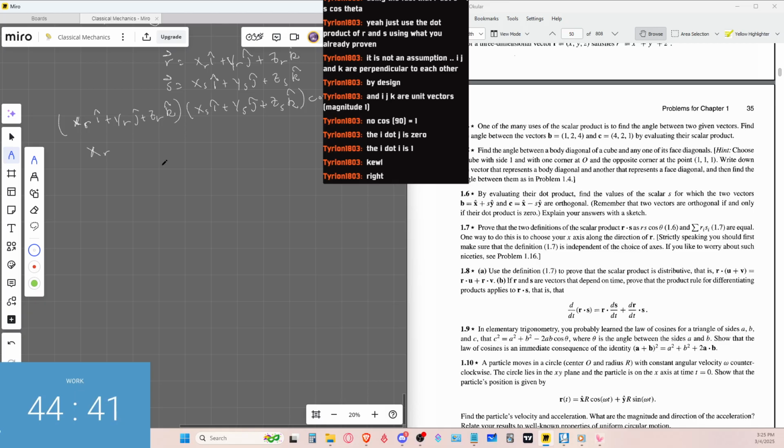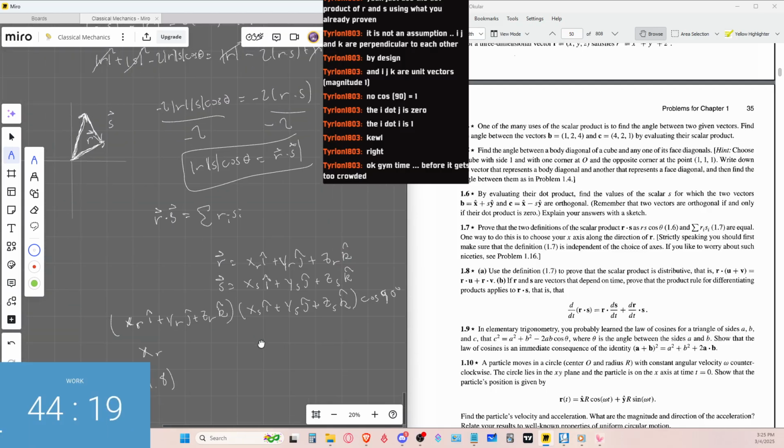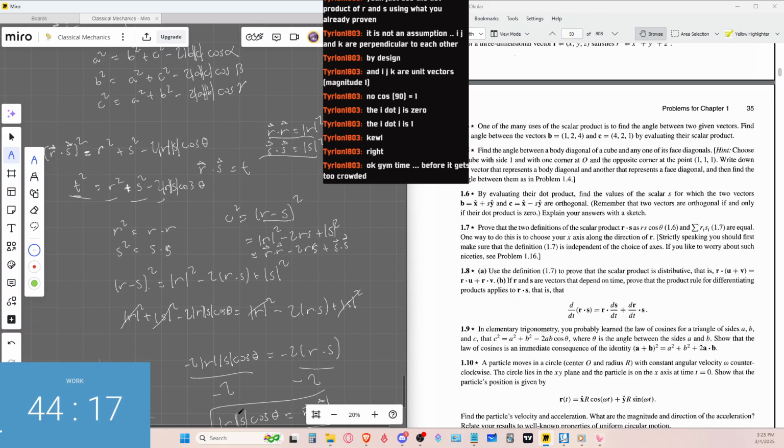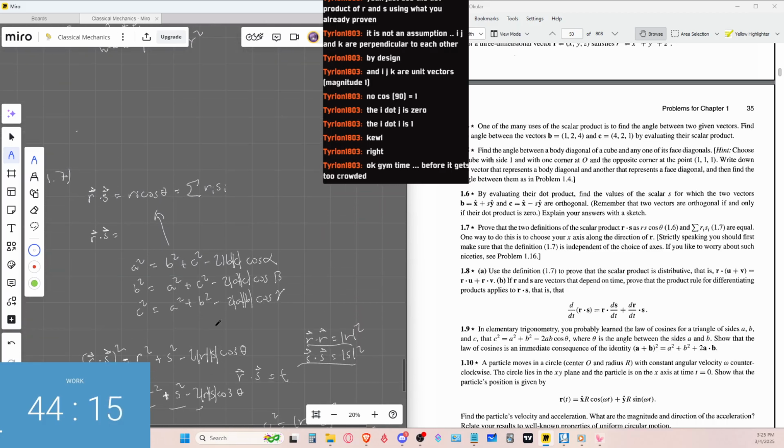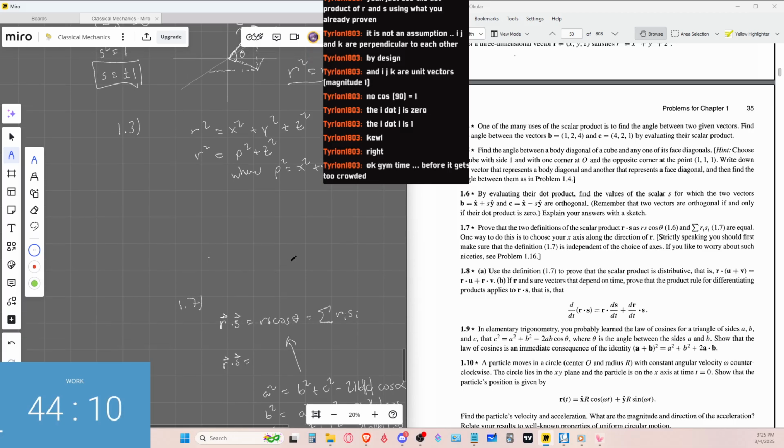So, okay, use the definition from, let's see. I think now we can do 8 because thanks to your help, we managed to figure out what 1.7 is. Unless, actually, because I have questions on this one, 3.1.